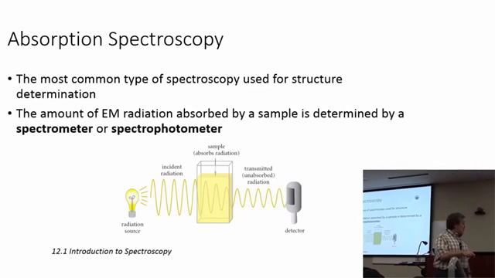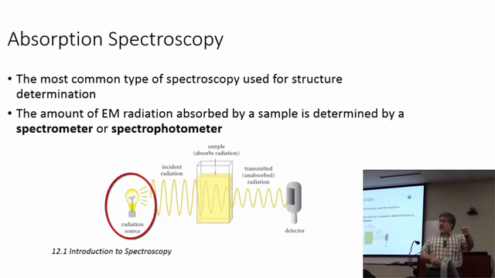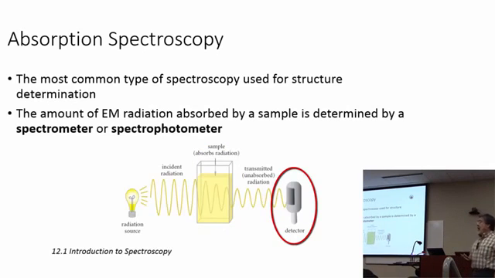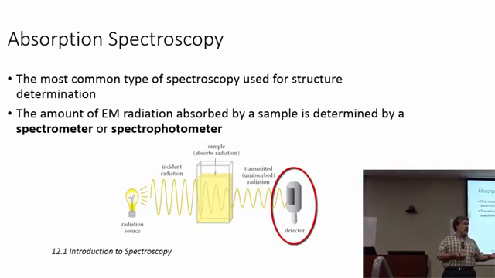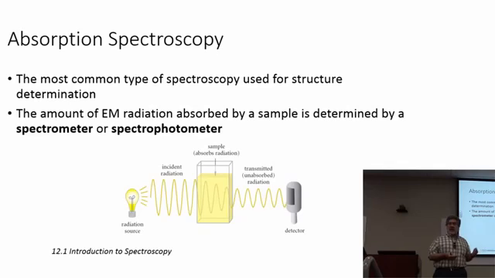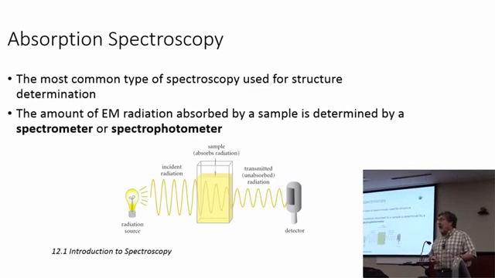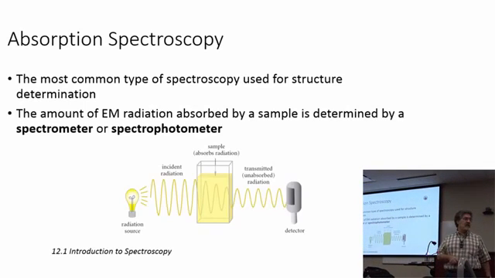You've got a light source, you put the sample in that cuvette, you stick it in the instrument, and on the other side of the cuvette is a detector of some sort that compares the amount of light that was coming through without the sample to the amount of light that comes through once the sample's been put in. And of course, if the sample's absorbing the light, the intensity of the light goes down. Why? Because energy's been transferred from the light to the sample. All right?